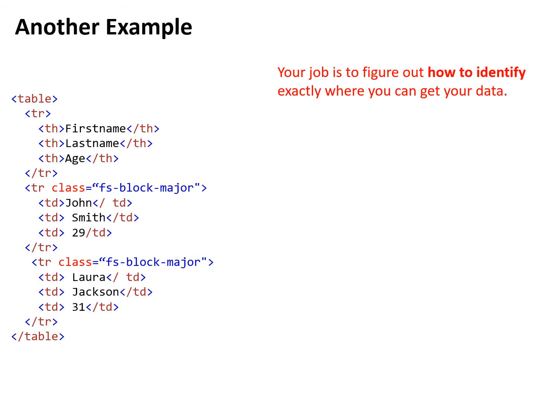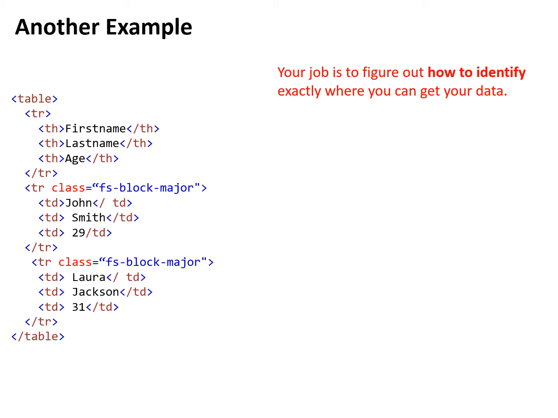Here's another example. I just kind of have a lot of the same information, but I've changed some classes. If this were the case, what would we say? We would say, well, it appears that the first line of actual data is in that TR tag that has a class of FS block major.